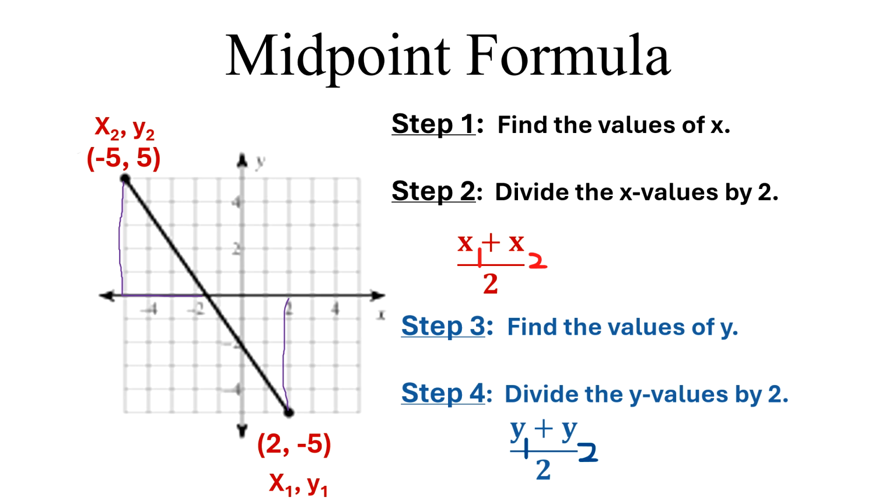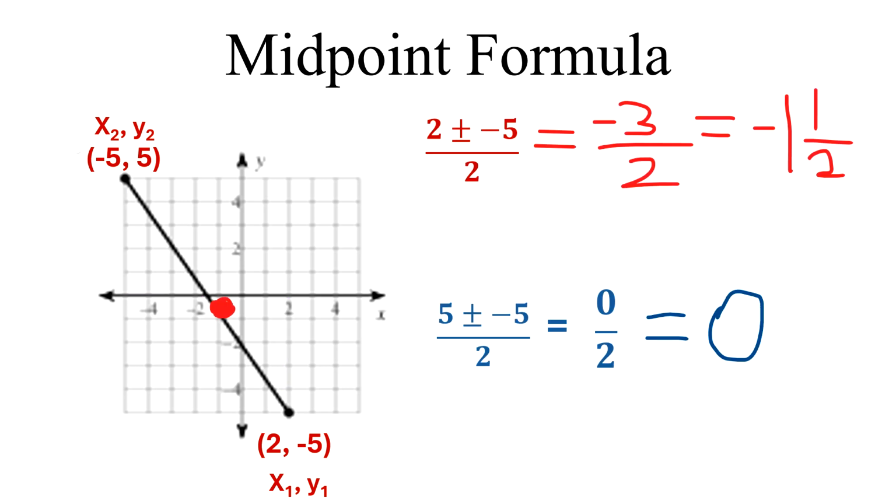So you find the values of x and divide by 2, because you're taking an average. Then find the values of y and divide by 2. So this is x2, y2. It doesn't really matter when you're adding. It might matter when you're subtracting. So you have 2 and -5.